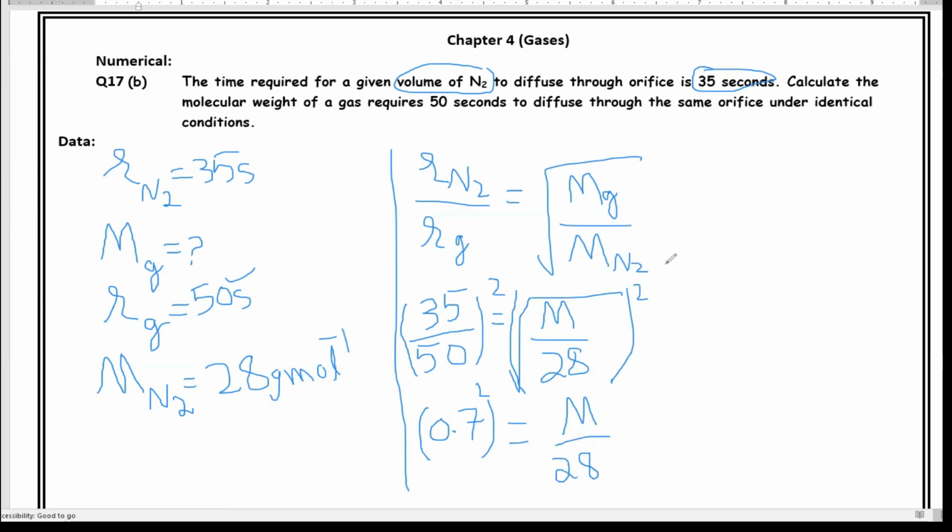So you multiply 0.7 square into 28, and molar mass comes out to be, after solution, 13.72 is the molar mass of unknown gas. That should be in grams per mole. Units of molar mass is grams per mole. So this is your rate of diffusion for unknown gas.